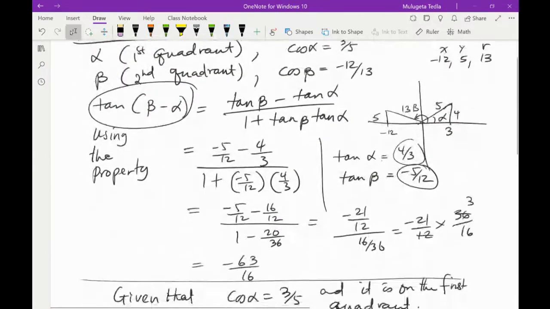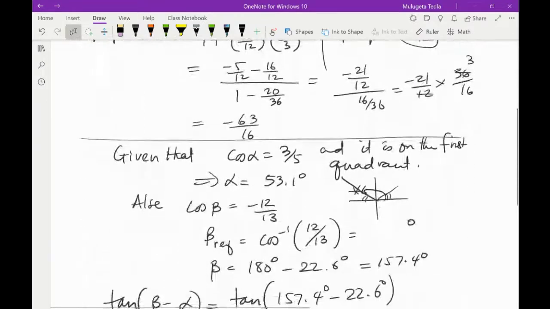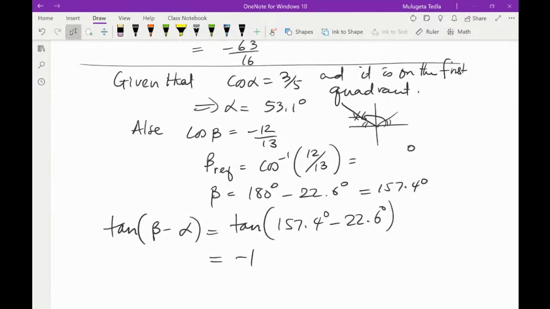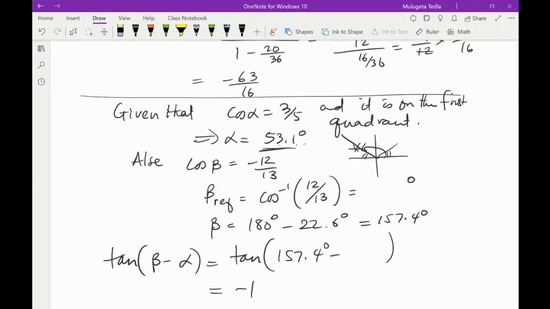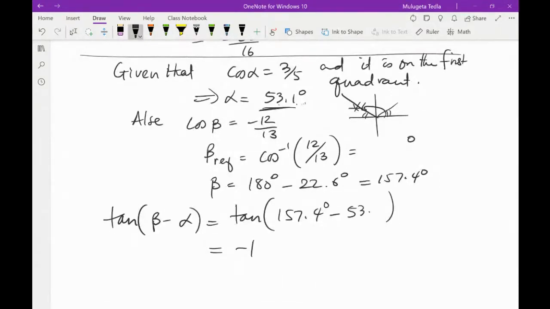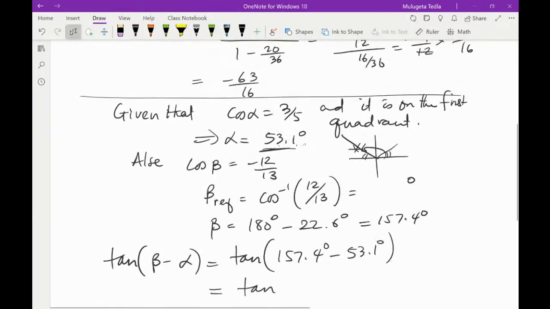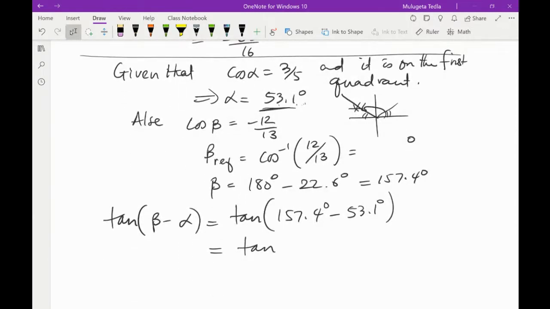Everything is okay, except that one. Sorry. So tangent of the difference. You're right. Alpha is 53.1 instead of 22.6. 22.6 only helped me to find beta.